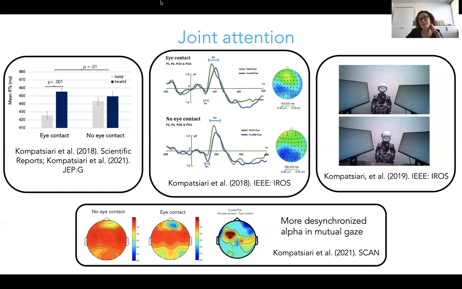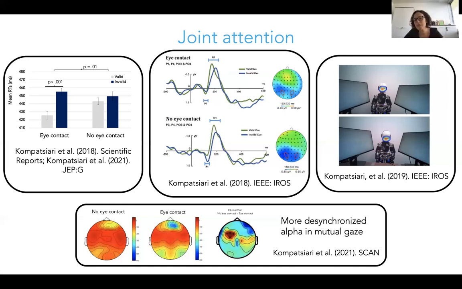So basically, the take-home message from this plot I wanted you to have is that we managed to obtain classical ERP components related to Posner cueing. So this is P1 and N1 locked to the target, and the two curves are valid versus invalid cues, and we obtained a validity effect in both conditions.